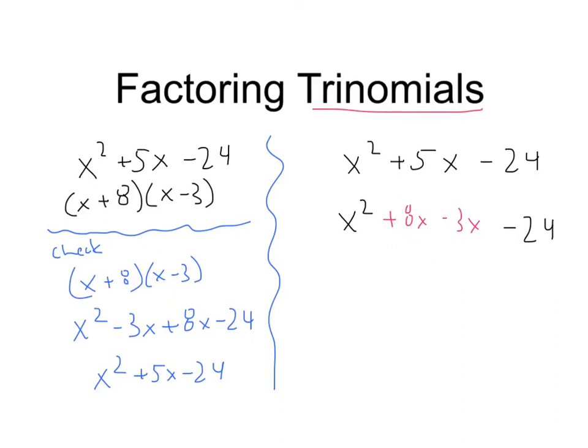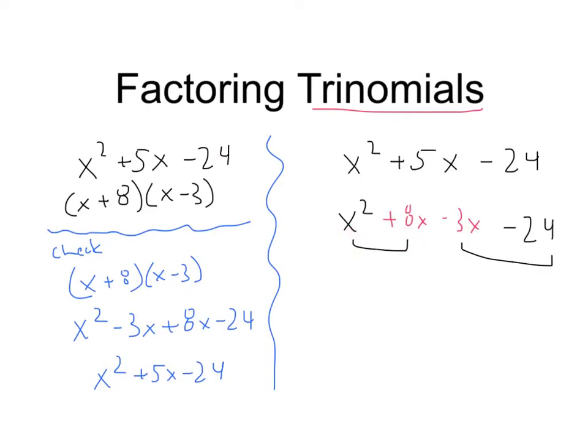But first, why would that help? Why would it help to change 5x into 8x minus 3x? I didn't really change the value. 5x is the same thing as 8x minus 3x. But now that I have written this in four terms, I can use grouping. I can factor these two together and these two together.